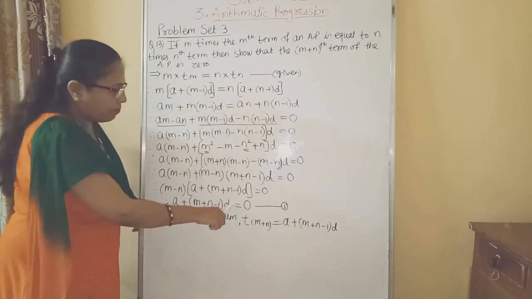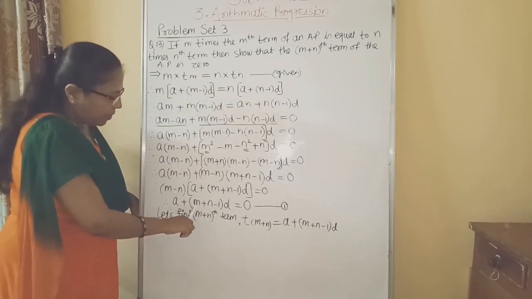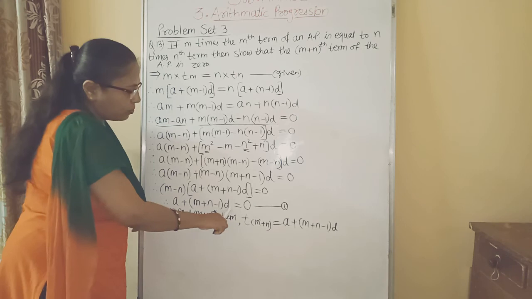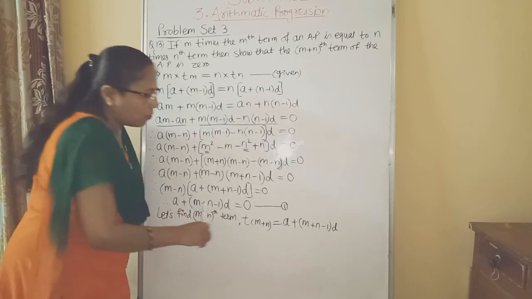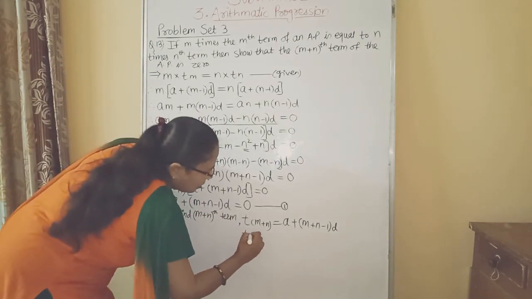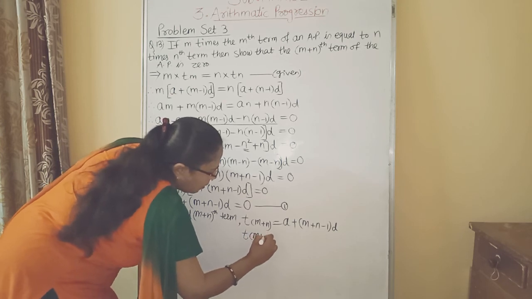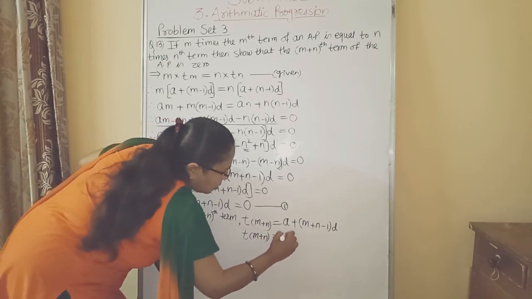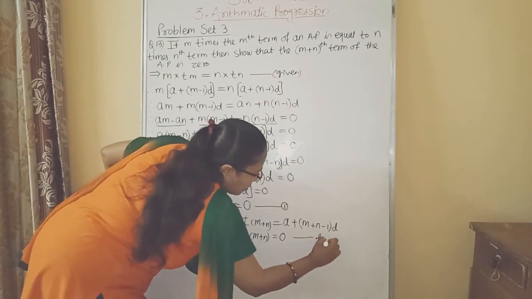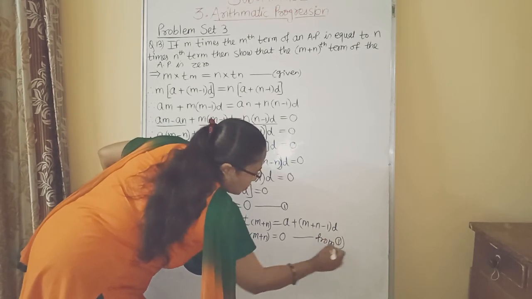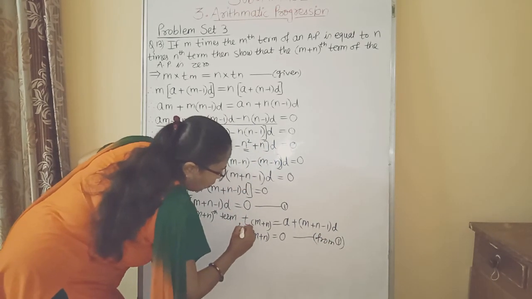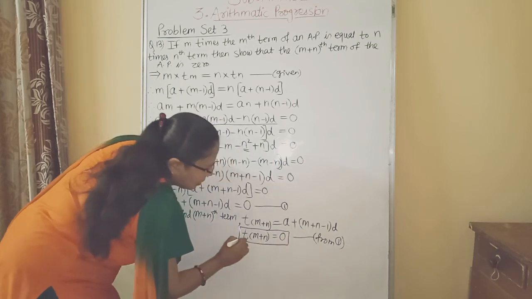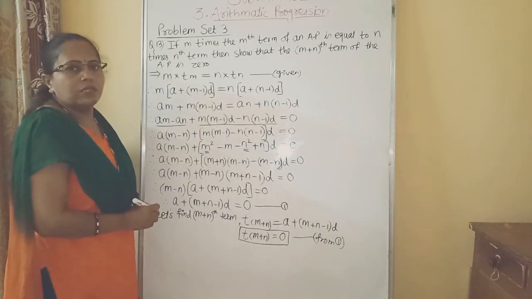Now in the first statement, a plus m plus n minus 1 into d, this value is 0. So here we will get T m plus n is equal to 0, and we will write the reason: from 1. So this way we got the m plus nth term is 0.